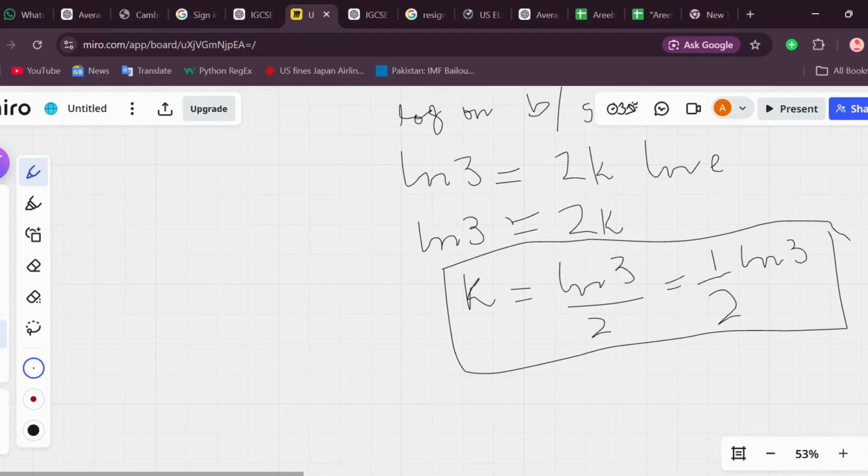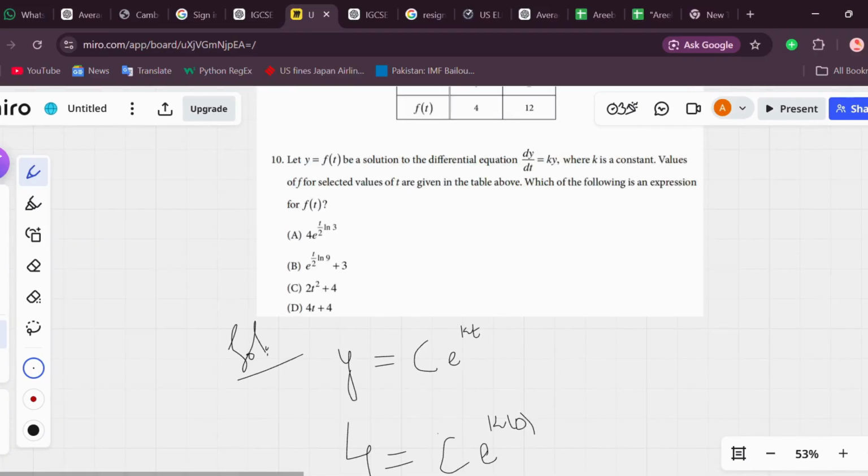So k equals 1 over 2 ln 3, and we will substitute it in 4 e to the kt.